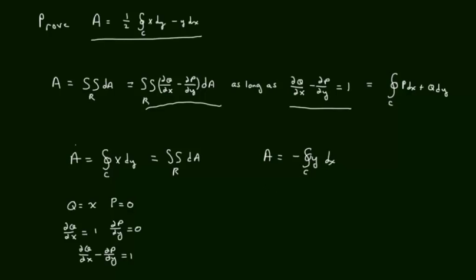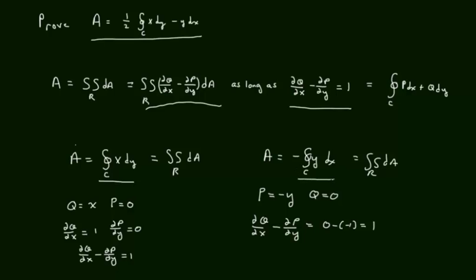Area, though, is also equal to this. Now, why is that true? Well, in this case, P would be negative y, Q would equal 0, partial Q partial x minus partial P partial y is going to be 0 minus negative 1, which equals 1. So there it is. That shows that this is equal to area, and it also shows that this is equal to area.